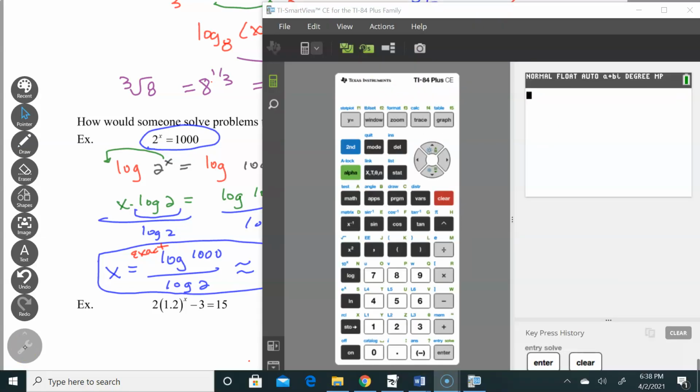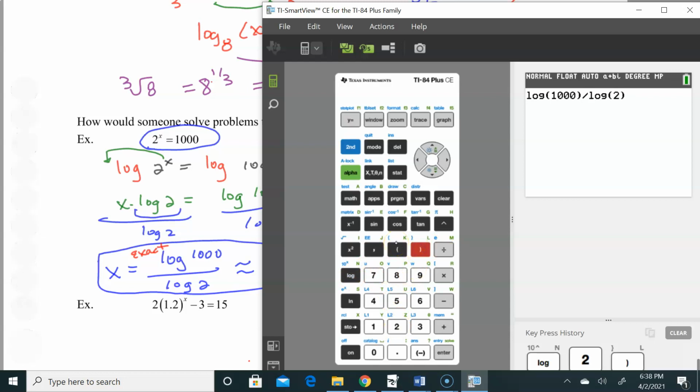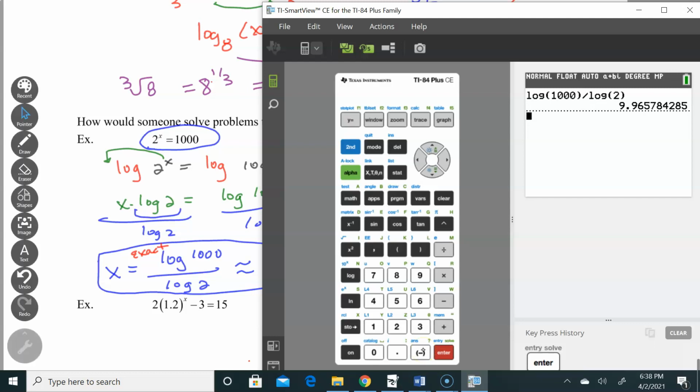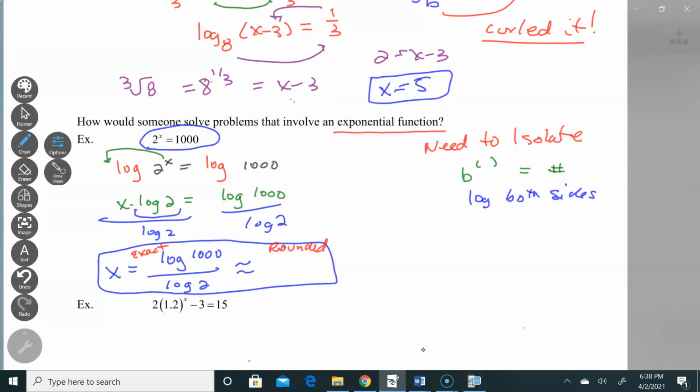So I'm going to type this in my calculator, log of 1,000, close my parentheses, divided by log of 2. Let the calculator do the whole hard work. And I get this number here. I'm going to write it rounded as 9.966. And that is my rounded solution to this problem.